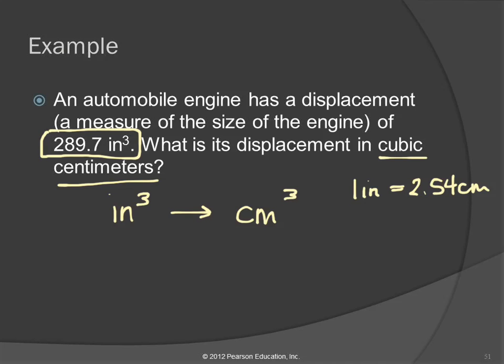If we know the relationship between the unit without the power, we can figure out the one with the power. So we're going to start here, 289.7 cubic inches. And we have one arrow, cubic inches to cubic centimeters.